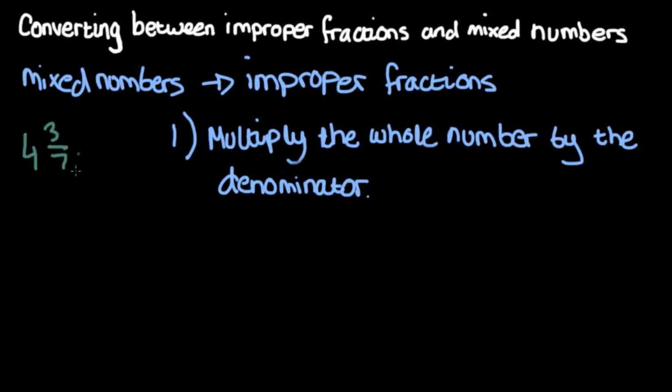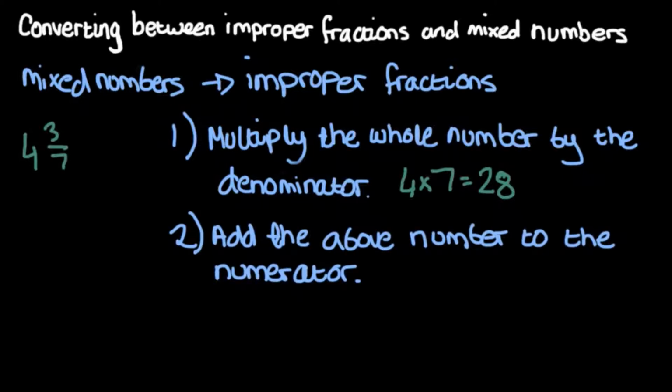So we'll do 4 multiplied by 7, which will give us 28. Now the second step is to add the number 28 to the numerator of the fraction in the mixed number. So we do 28 plus 3, which will give us 31.